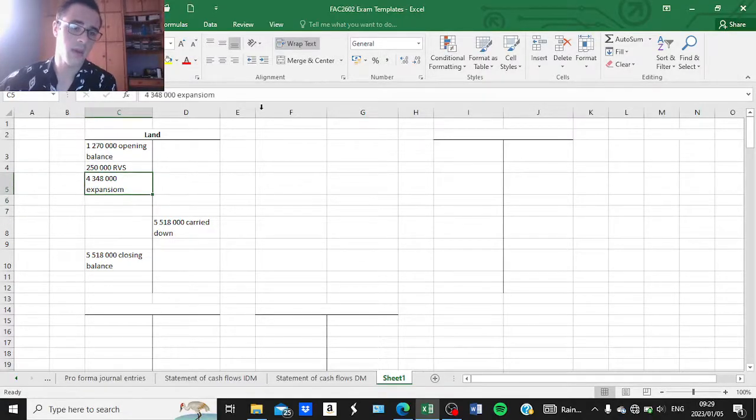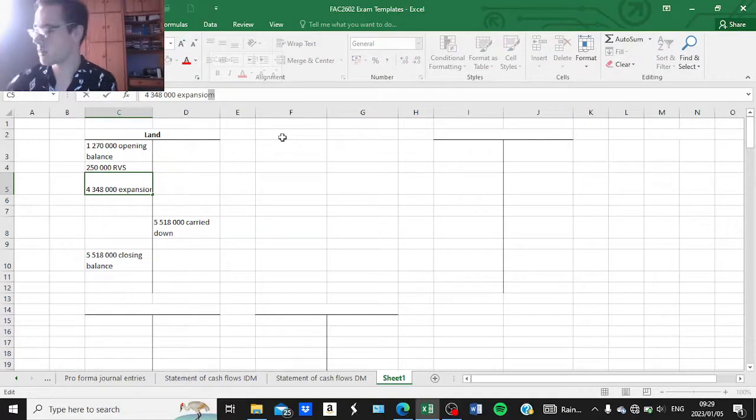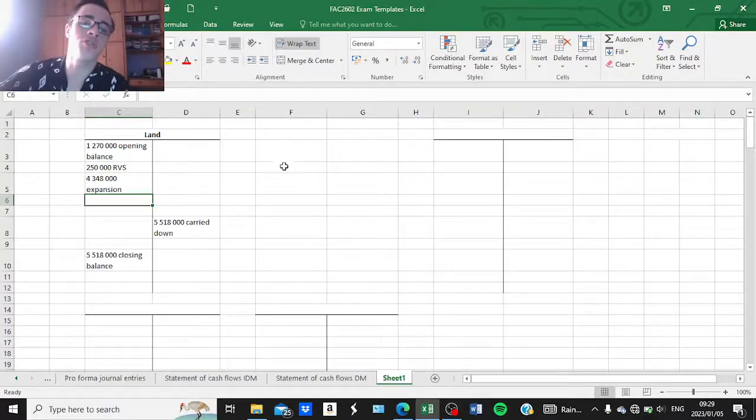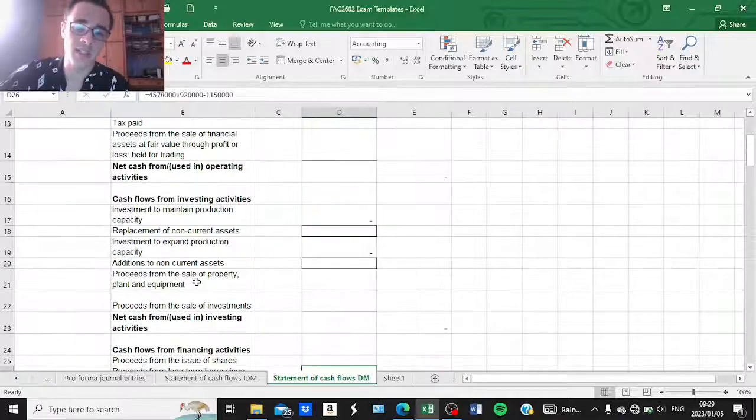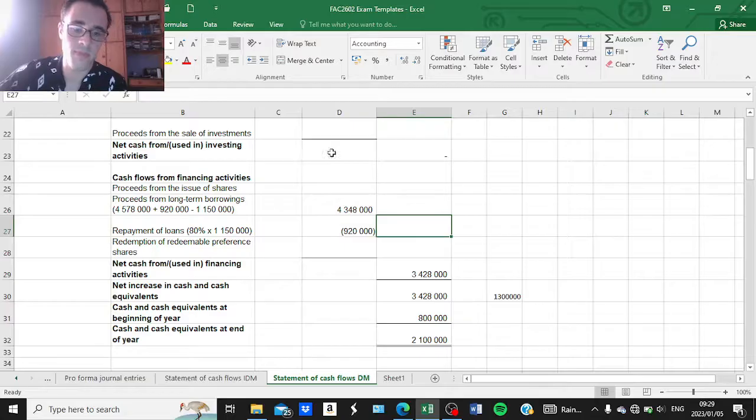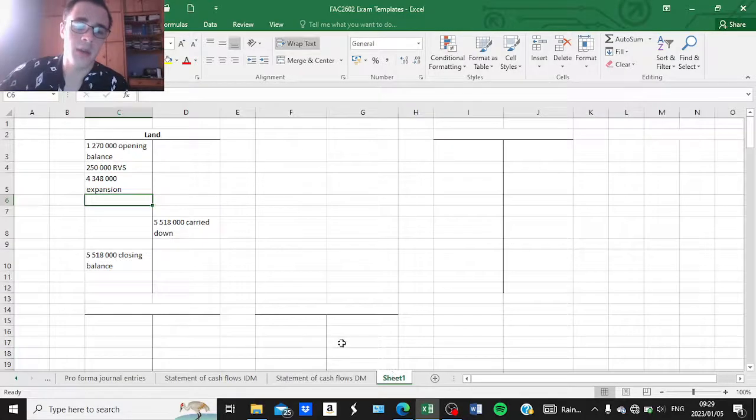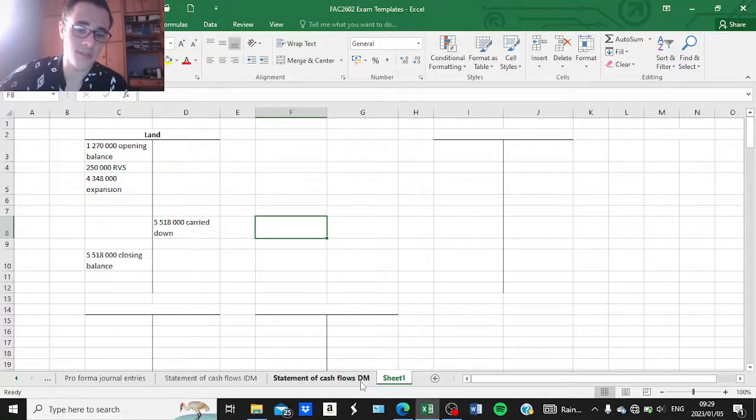And keep in mind that we do not only show it in the general ledger account for land, we also need to show this in the investing activity section as part of the investment to expand production capacity. The reason why we have included it in the general ledger account is to calculate the value of the land that was disposed of. Remember, you need to include all relevant items in your general ledger accounts.